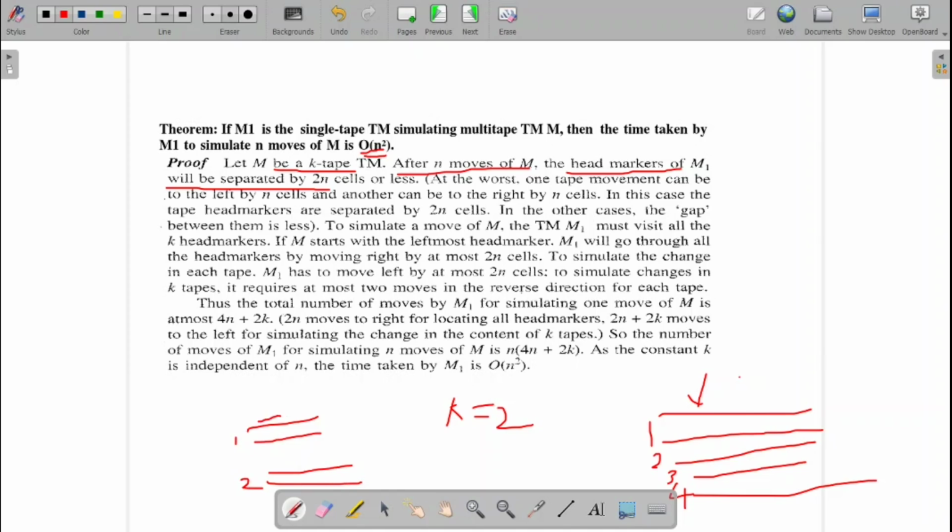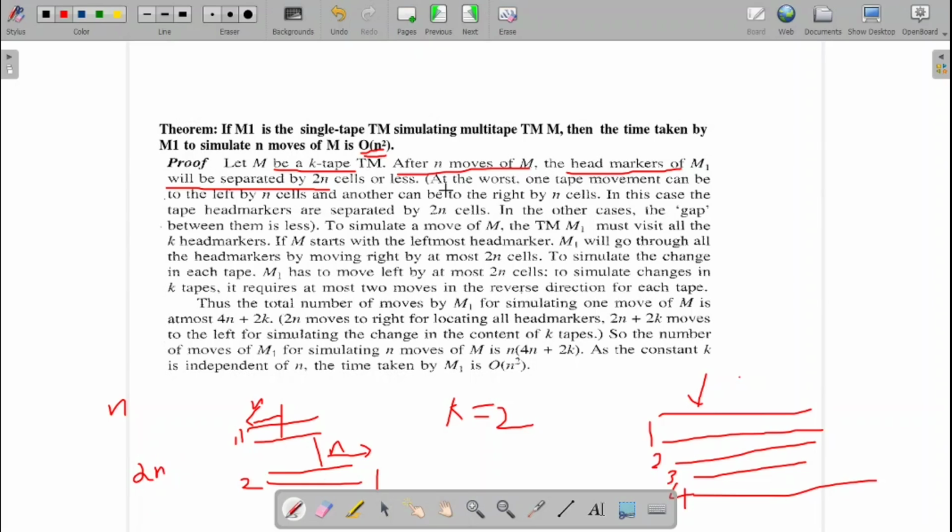If the first one moves, we have n movements. If the first one moves n to the left and the second one moves to the right, what is the distance it is moving? N. What is the distance it is moving? N. So now what is the distance between these two? N plus n. What is the value over there? 2 into n, maximum. Right?